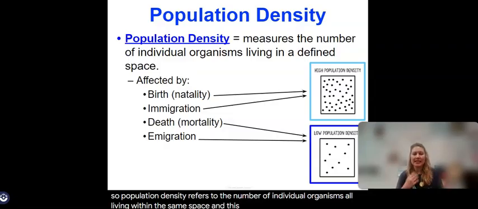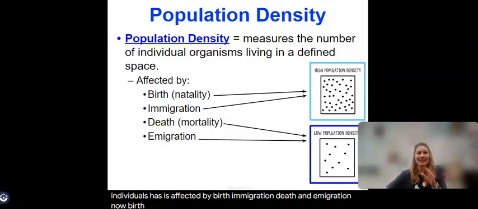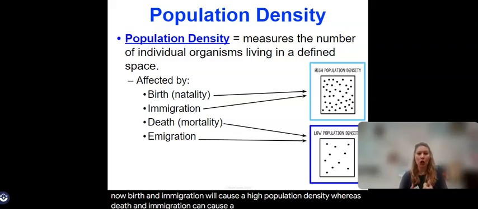And this density, this number of individuals, is affected by birth, immigration, death, and emigration. Now, birth and immigration will cause a high population density, whereas death and emigration can cause a low population density.